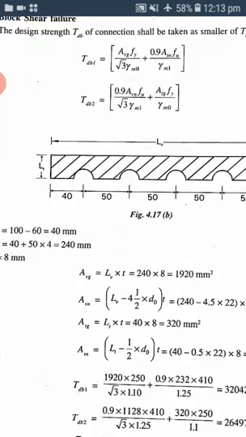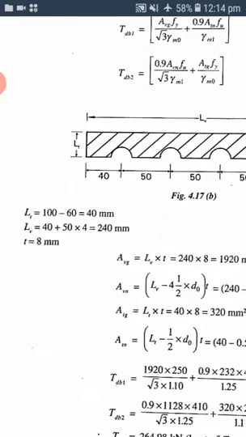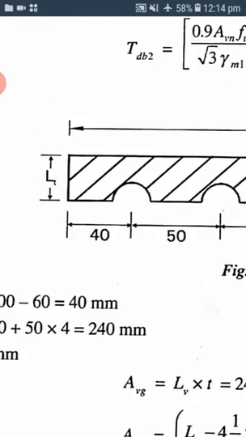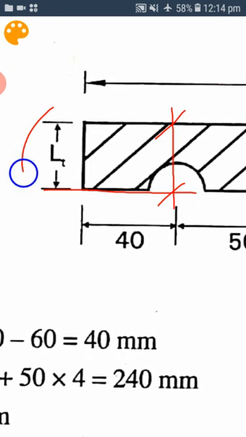Then here they have mentioned clearly LT. Zoom in and see, this is the LT. So LT is to be taken from the center of the bolt hole till the toe of the angle section. This represents LT, the length of the tension plane. This length is multiplied by thickness. I hope you understood this one.